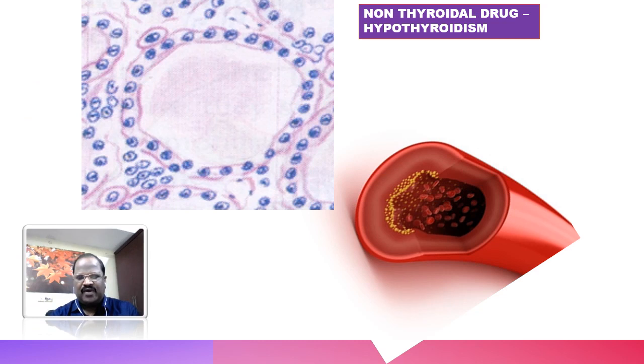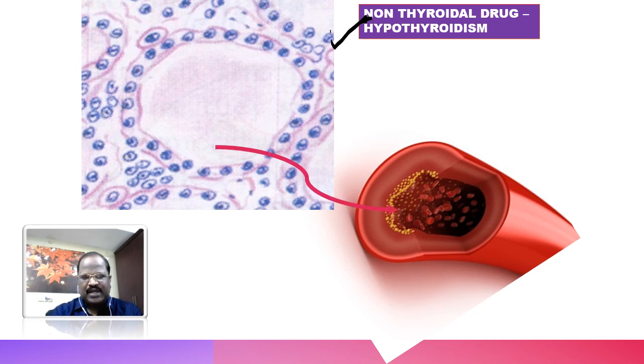Finally, after finishing anti-thyroid drugs, I am preparing one more slide for you. That point is, name some non-thyroidal drugs causing hypothyroidism. This is again an important MCQ for AIIMS examination. I will go one by one.